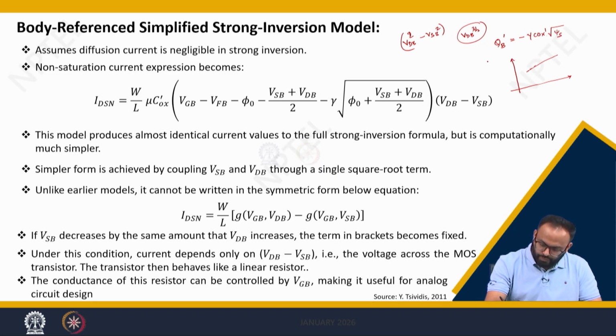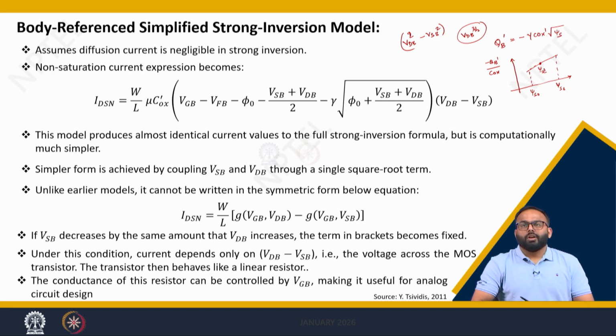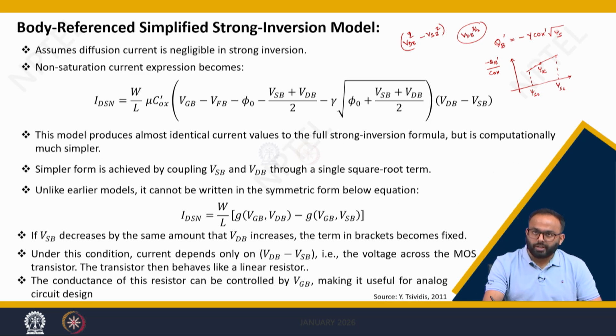So if we plot minus qb dash by Cox, then this point is psi s 0, this point is psi s l, and we will linearize around a point psi s e. It is important to note that psi s e is neither the potential at source nor the potential at drain, nor the potential in the channel. It is just an expansion point.